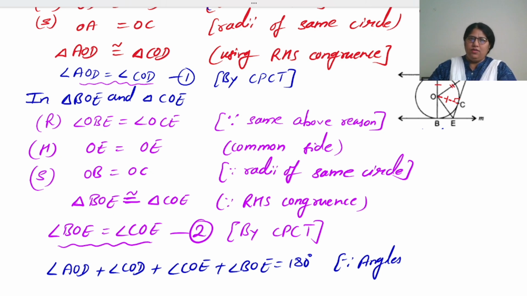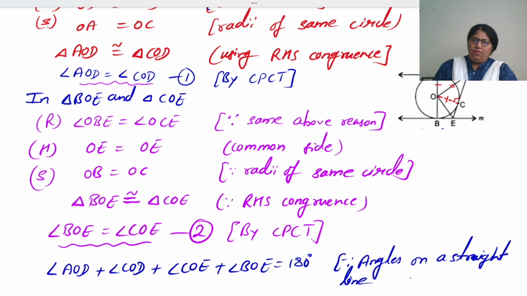Angles on a straight line sum up to 180 degrees, right? Please write down all the required reasons.